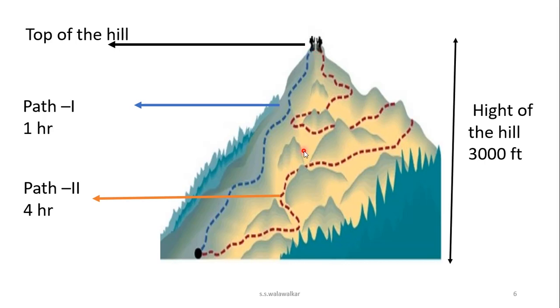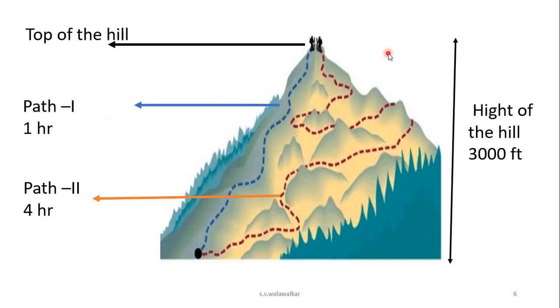Now if you climb this hill by path first, then it will take 1 hour, and if you select the second path to reach the top of the hill, then it will take 4 hours, as it is a long route, but the height of the hill remains the same.